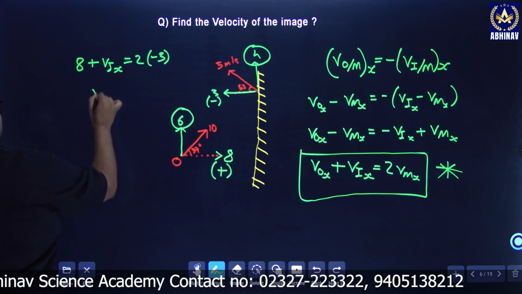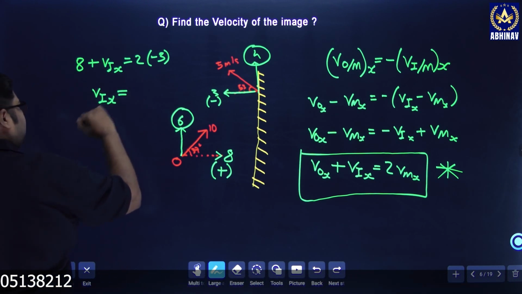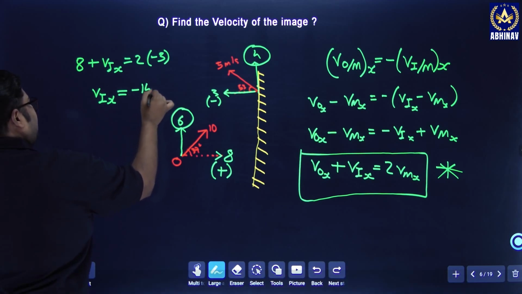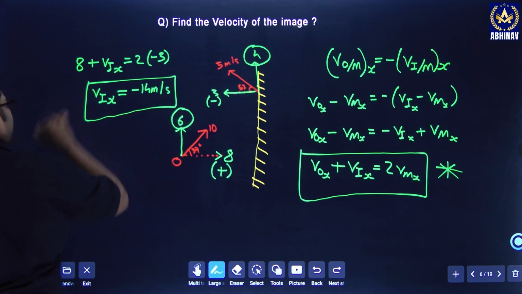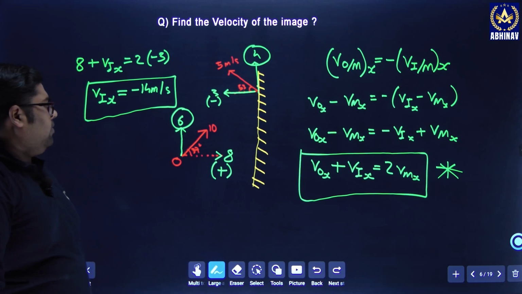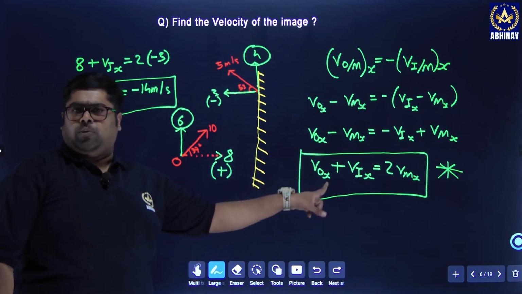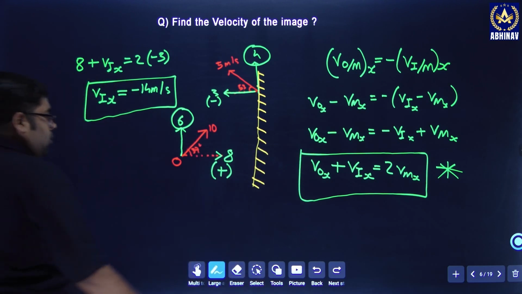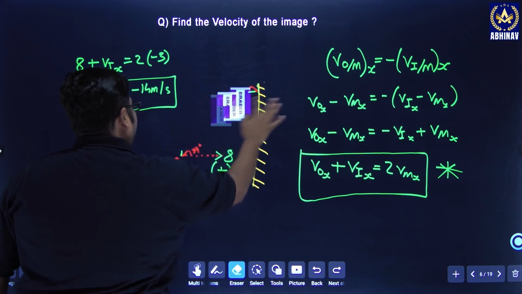So the final answer will be velocity of the image along x-axis is minus 14 meters per second. This is the velocity of the image. And note down this shortcut formula. Hope you have understood this beautiful example.